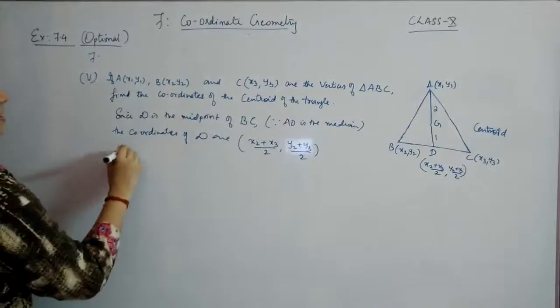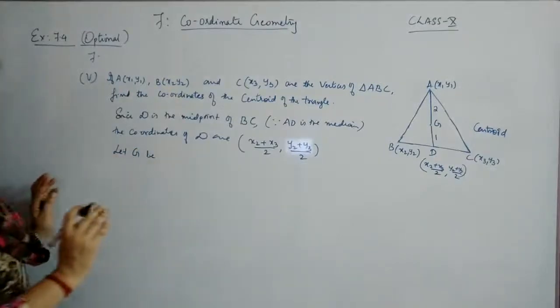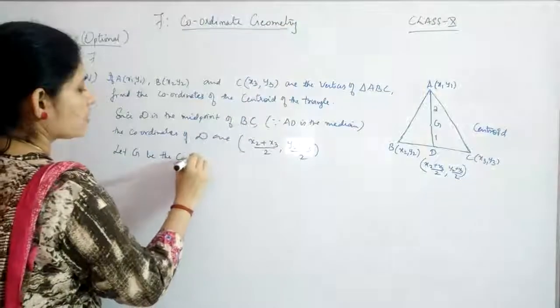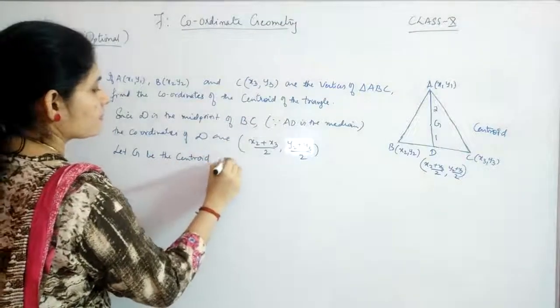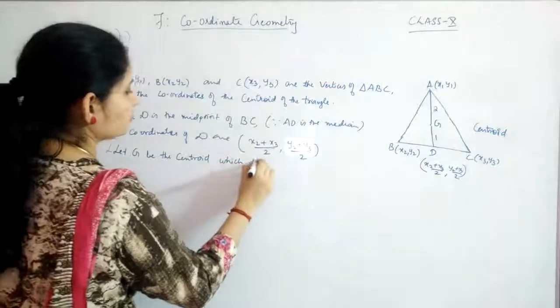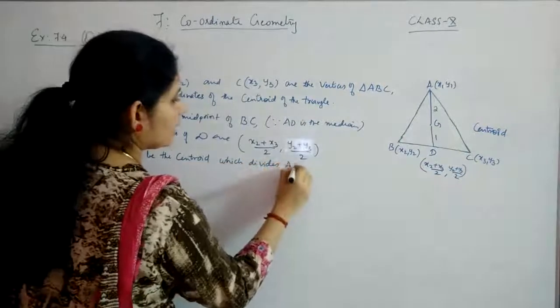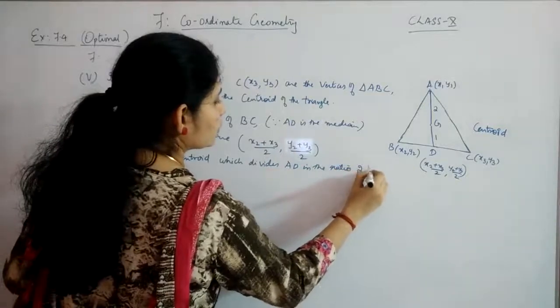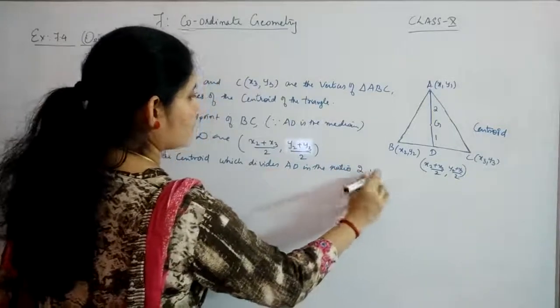Let G be the centroid. Normally G is the notation used for the centroid. Let G be the centroid which divides AD in the ratio 2:1.